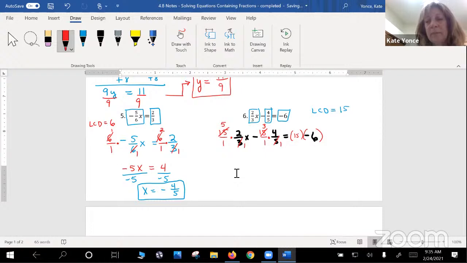I have a question though. When we cancel them from the bottom, I feel like I'm tempted to take off the 3 and put a 2. I know that's not what you're supposed to do.